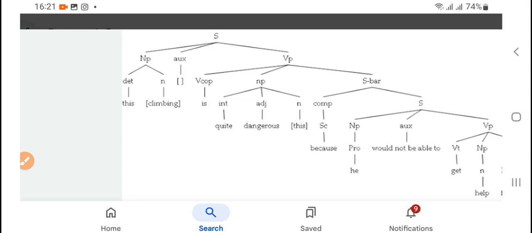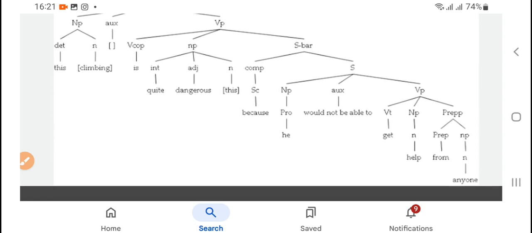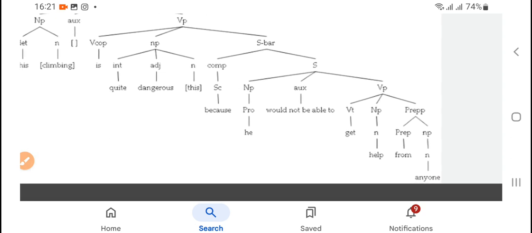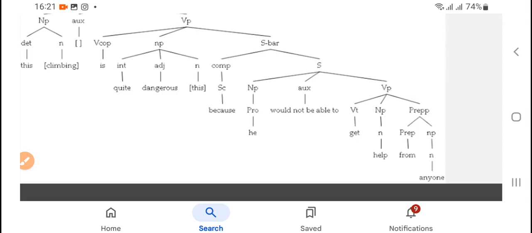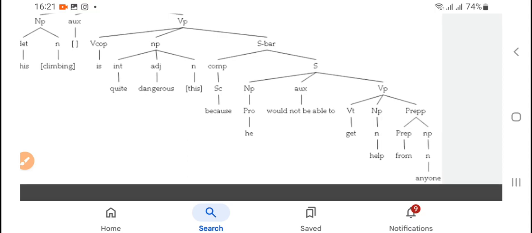With negation. And then the verb phrase is get help from anyone. So get help, get is a verb, right? And that's a causative verb.